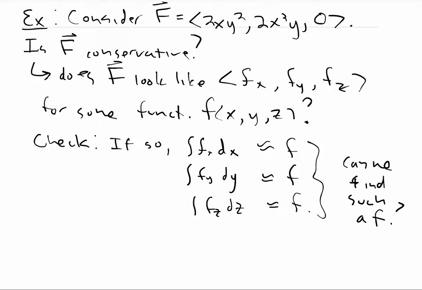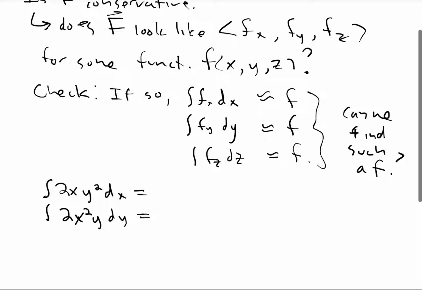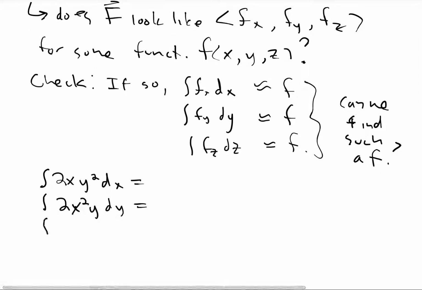Let's check this. I will take my antiderivative of that first function, 2xy squared, with respect to x, and we'll see what this gets us. I'll do the same thing for my middle term with respect to y, and I will do the same with that last function, 0, with respect to z.